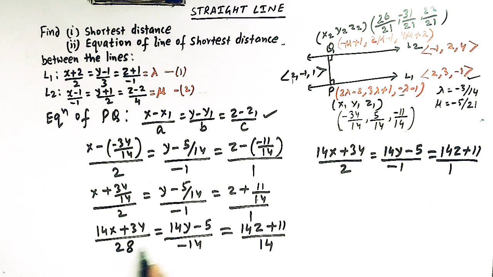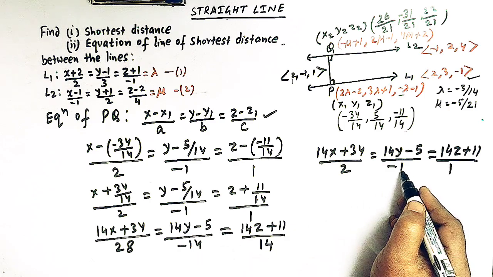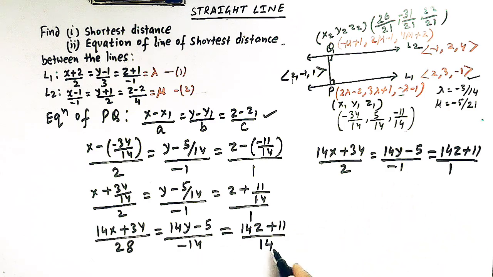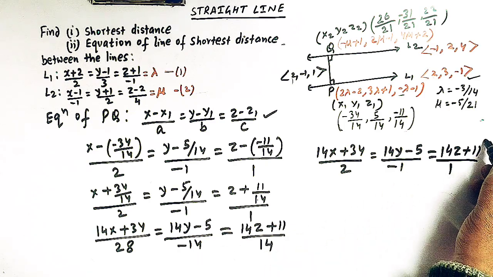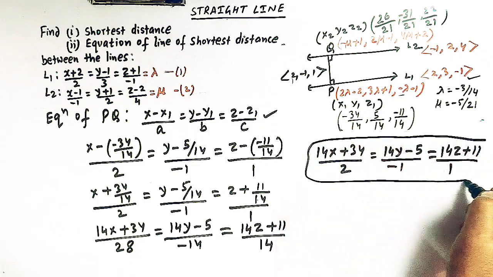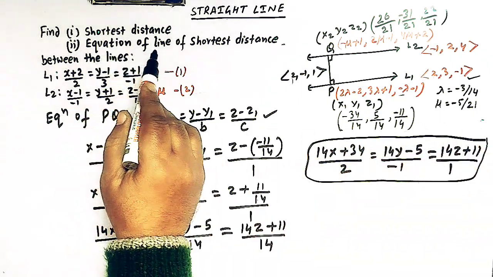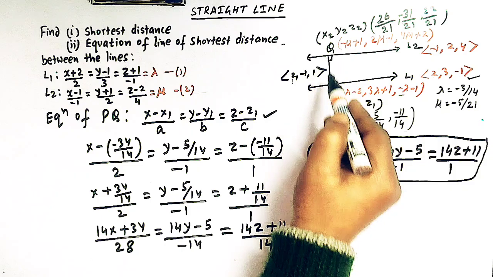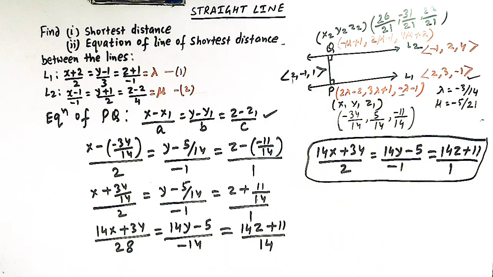So here 14 times 2 is 28, 14 over 14 is 1, and here again 14 over 14 is 1. So this is the required equation of line of shortest distance, that is PQ.